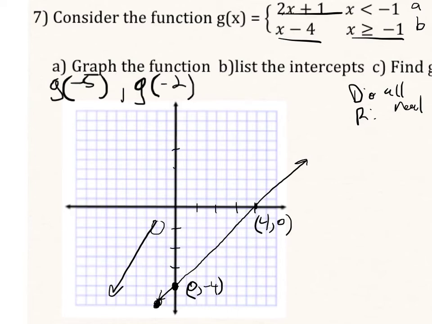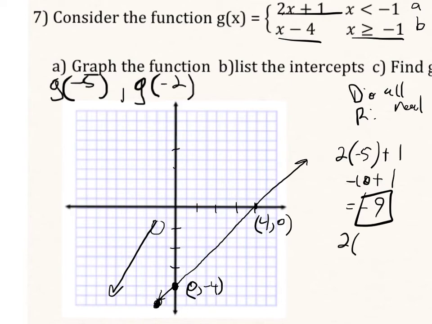So we have 2 times negative 5 plus 1, 10 plus 1, which equals negative 9. And then g of negative 2, again, that's the other guy, that's our function a, so 2 times negative 2 plus 1 is negative 4 plus 1, which equals negative 3. And there you go.